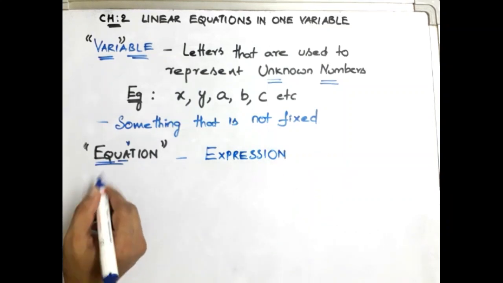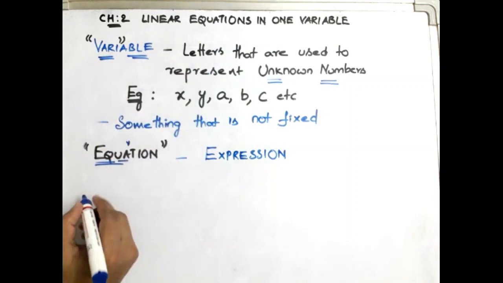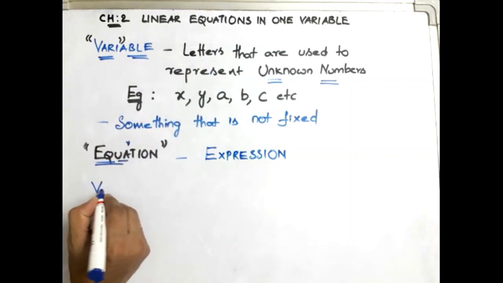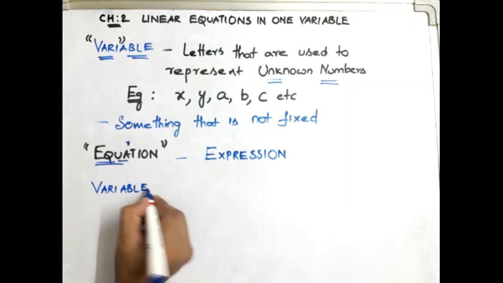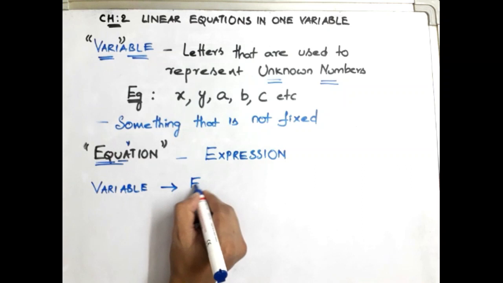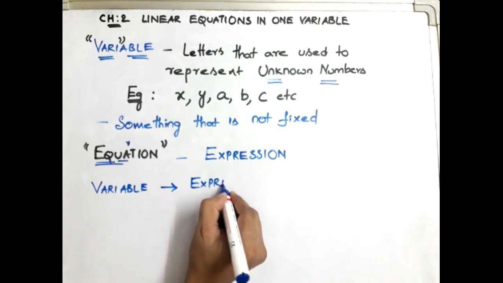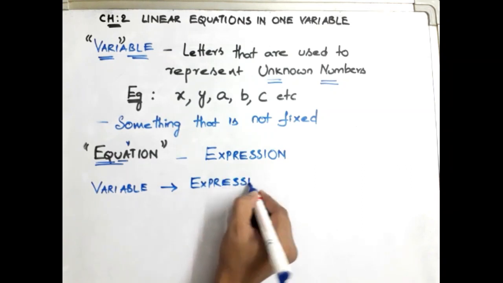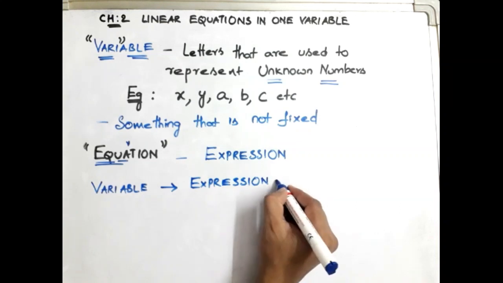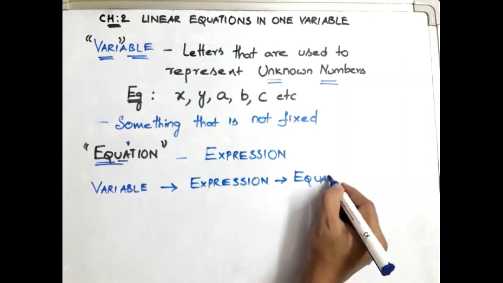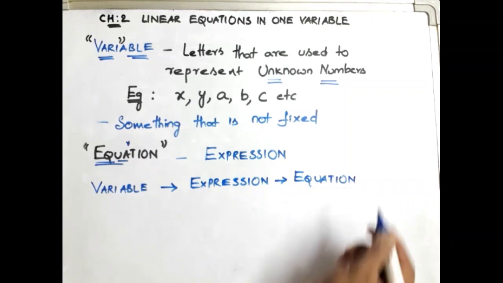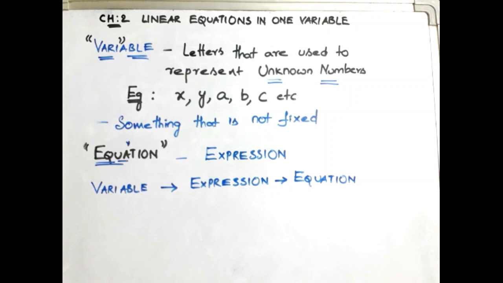The relationship for the given terms is, first variable. Using variable we will develop expressions, and upon implementing equality to expression, it gives us equation. So this is the hierarchy that follows for the equations.